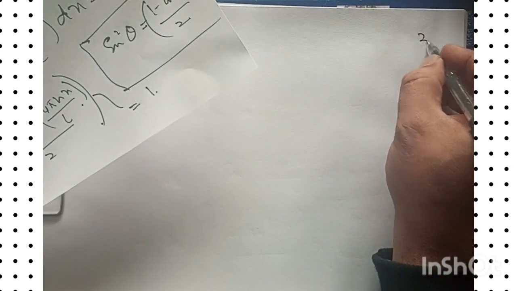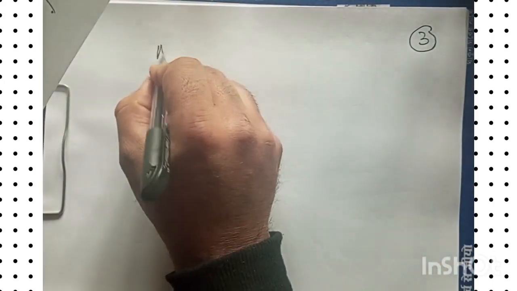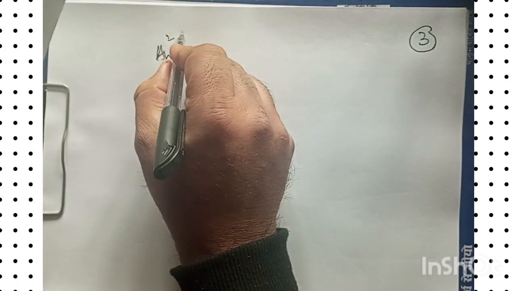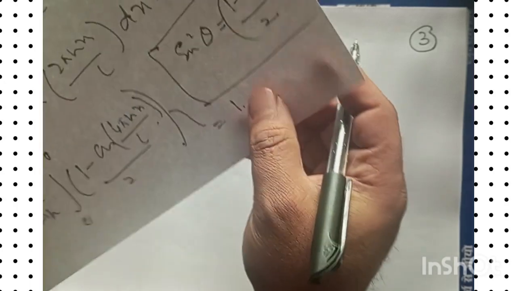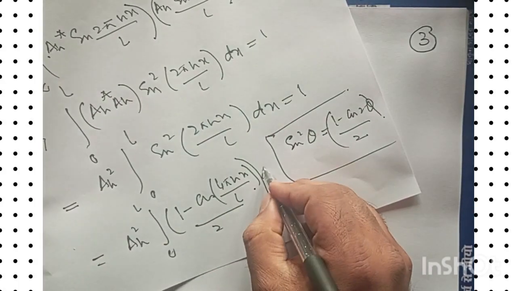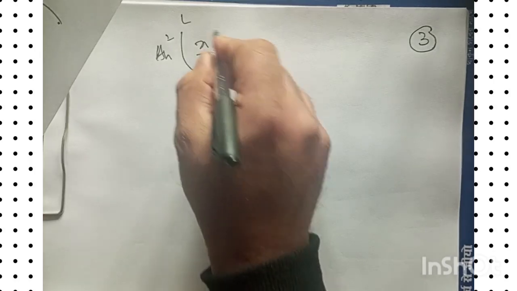So what we will have here is An square, from 0 to L, and because this is dx here, we will get x by 2.